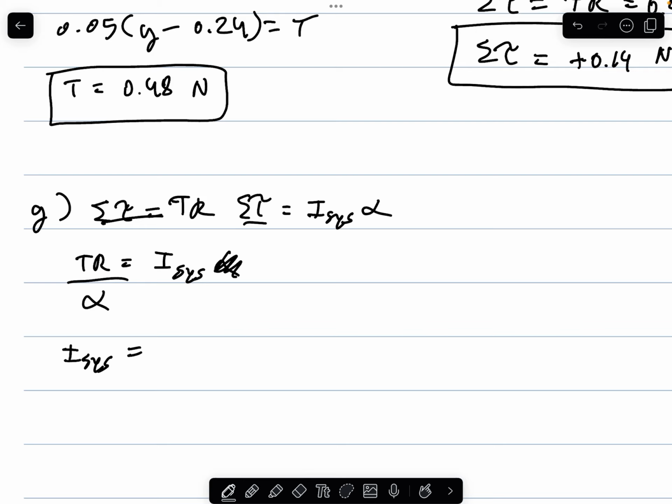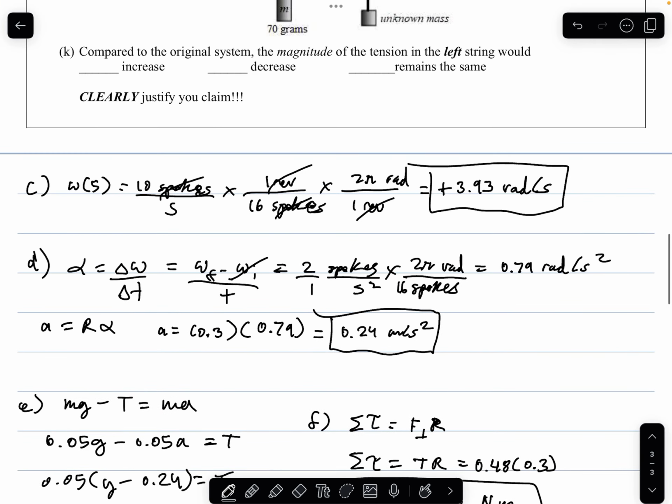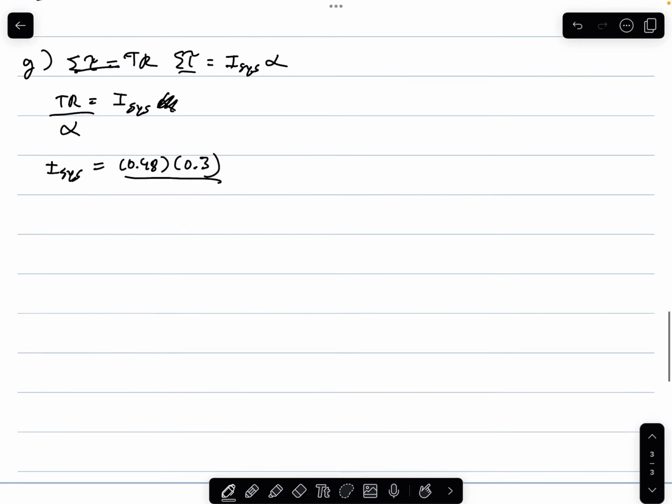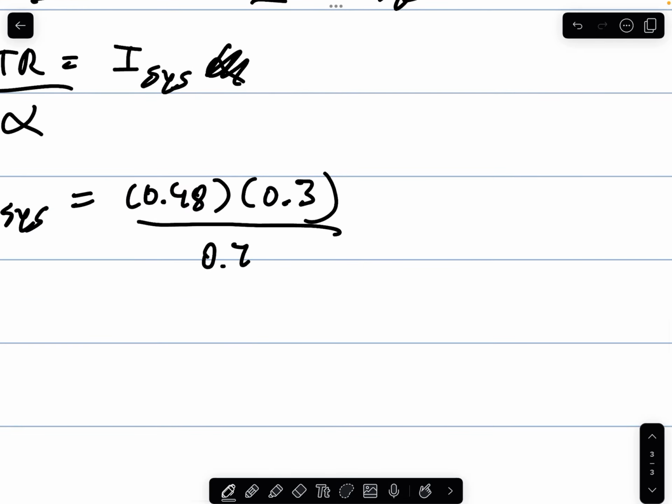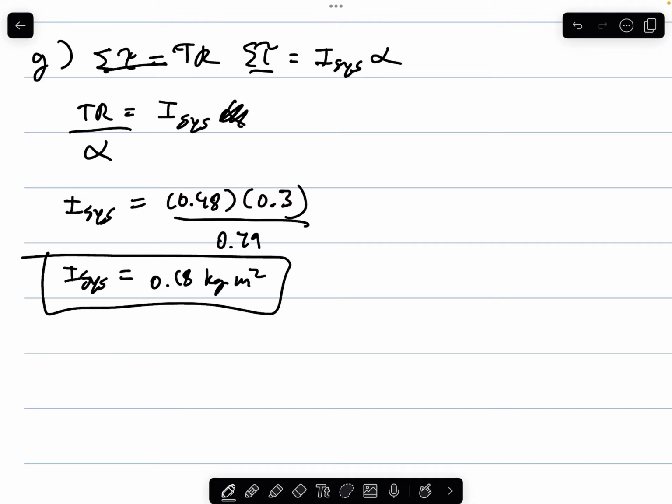Now just plug in everything I know. Tension is 0.48, radius is 0.3, angular acceleration, which we found before, was 0.79. So now the moment of inertia of the system is going to be 0.18 kilogram meter squared.